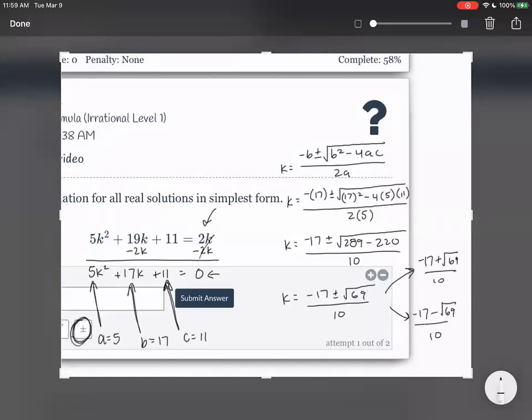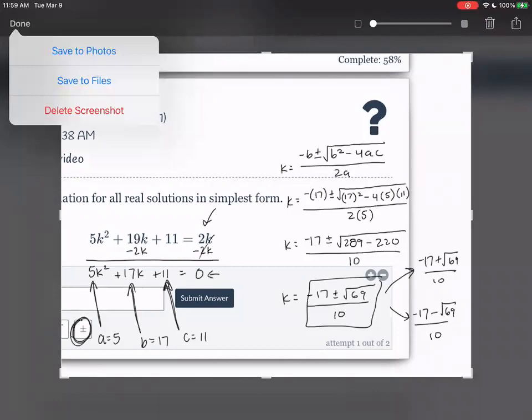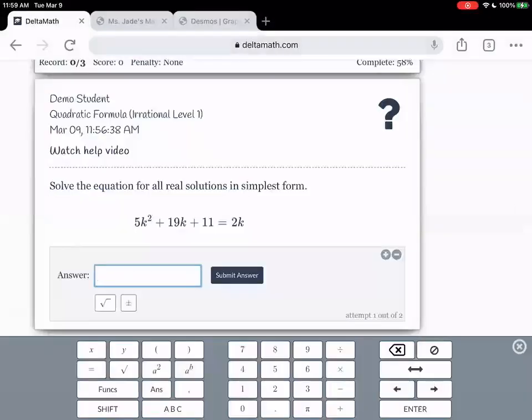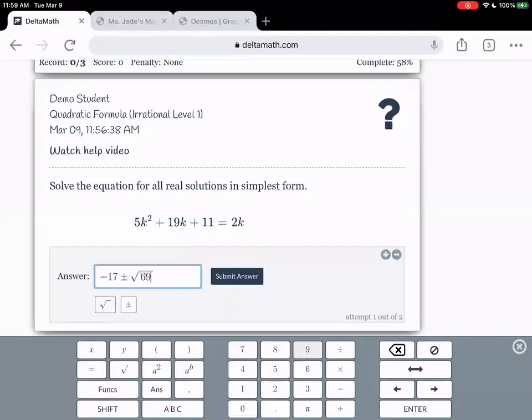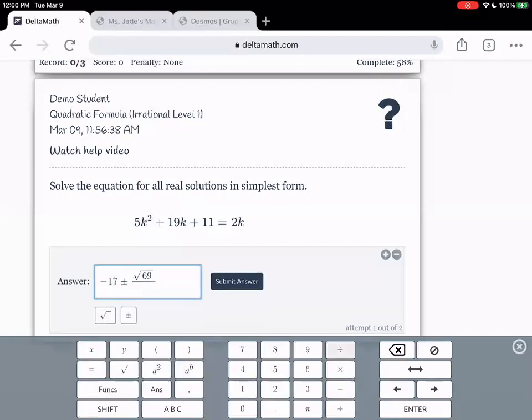However, if you can see, they gave us this plus or minus button, so we don't have to type it out twice. You can just type exactly this. So that is what I'm going to do. Are there any questions? Let's go ahead and enter this in then. So negative 17 plus or minus the square root of 69 over, oh man, okay.